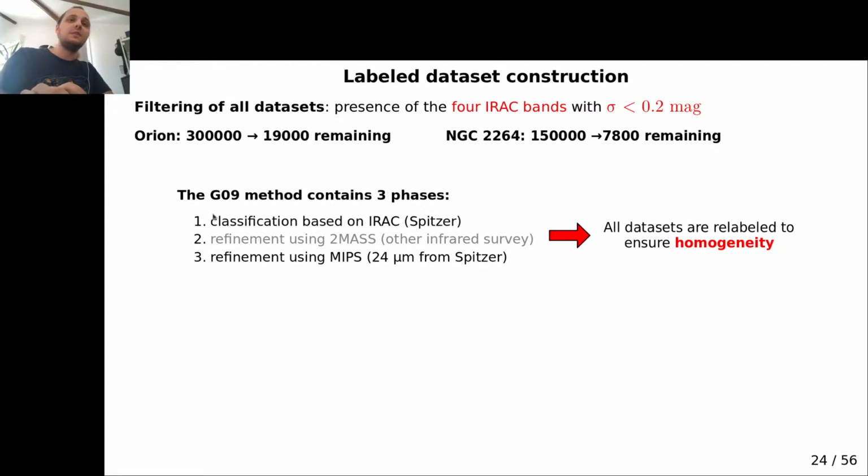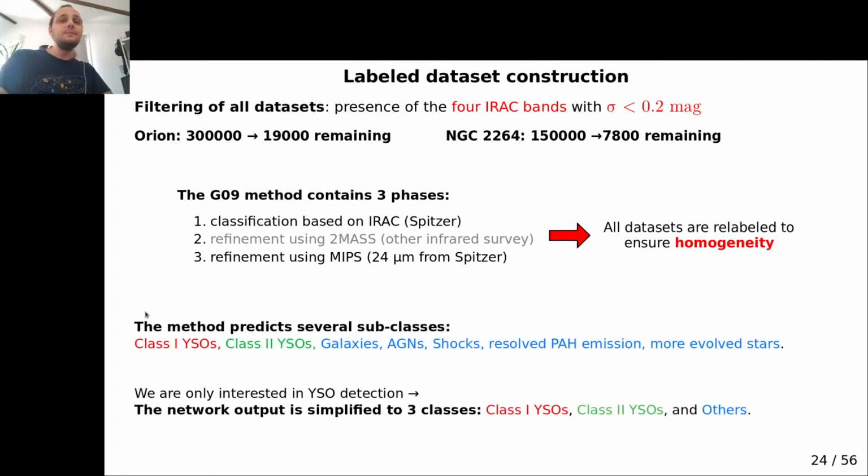What is important is that we have a first classification step based on just the 4 IRAC bands from Spitzer, and then a refinement step using the MIPS band as well from Spitzer. And all the datasets were reclassified using this simplified method in order to have homogeneity between our labeled datasets.